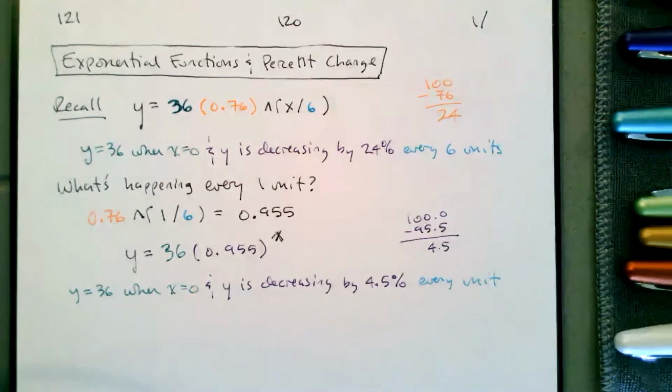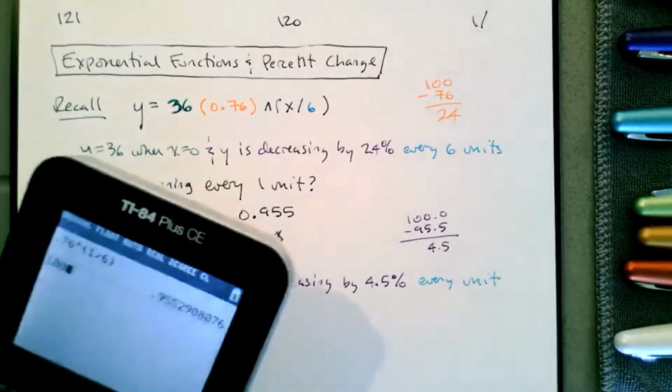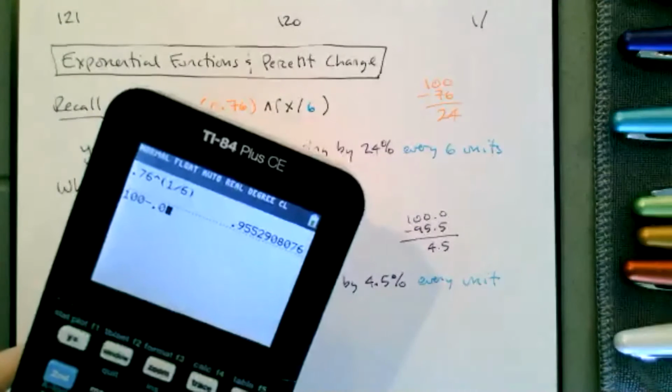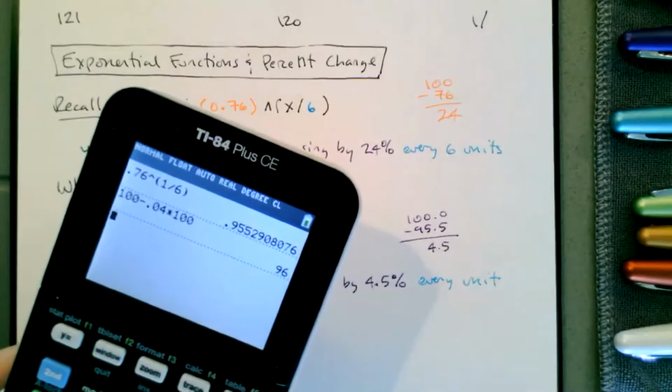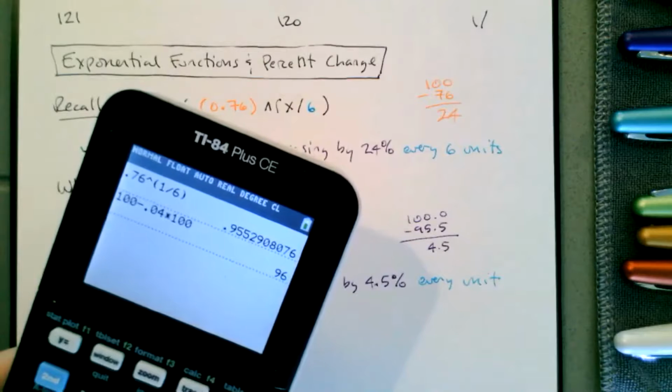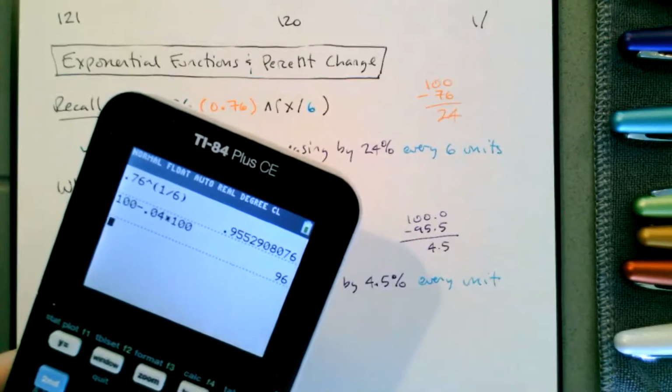So to talk our way through it, if we only take off 4% of what we start with, then we have less, so the amount is decreasing. So after 1 unit, if we took off 4%, let's start off with 100. 36 was a bad choice to start with. If I start with 100 and subtract 4%, now I have 96. Now if I subtract 4% again, I'm going to be subtracting less than I subtracted before.